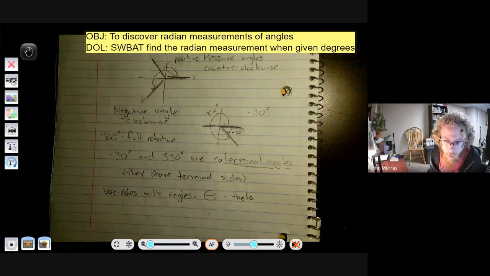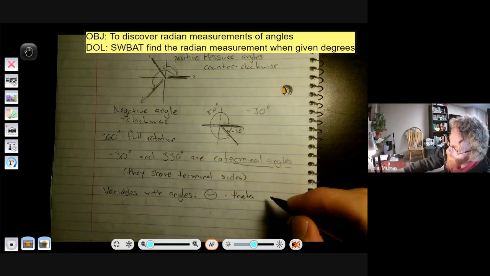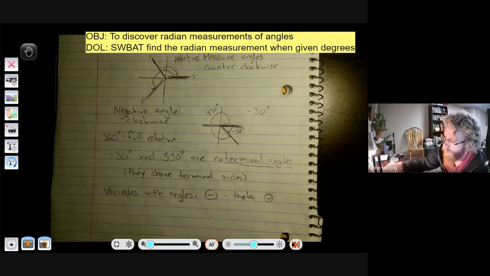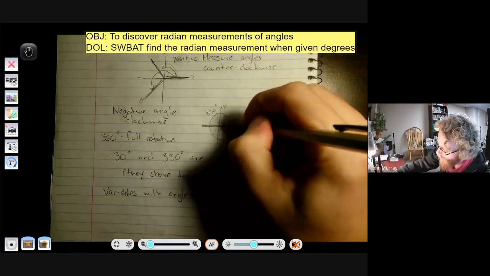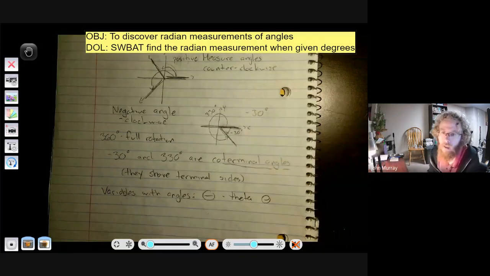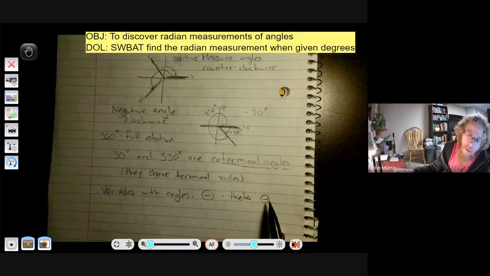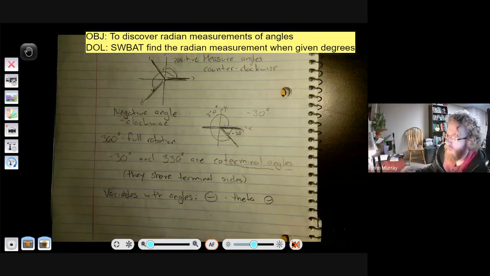Right, so it's a circle with a line through the middle. A lot of times, if I'm doing it quick, you'll see it'll look like that. Okay, it's just a Greek letter. We like to use that instead of X and Y's, well, because here we have X and Y. Other letters are used for other things. So a lot of times we use theta to talk about angles. All right, so you'll see that a lot.